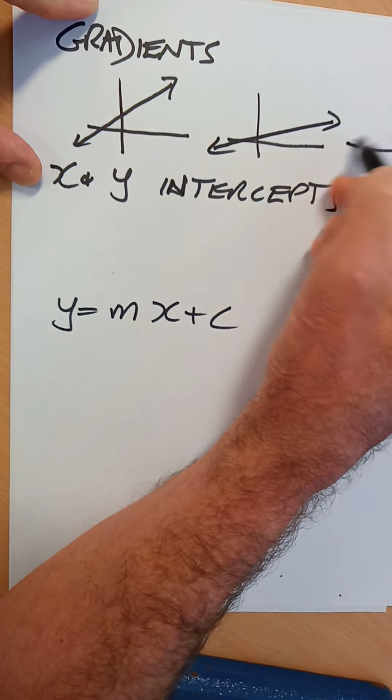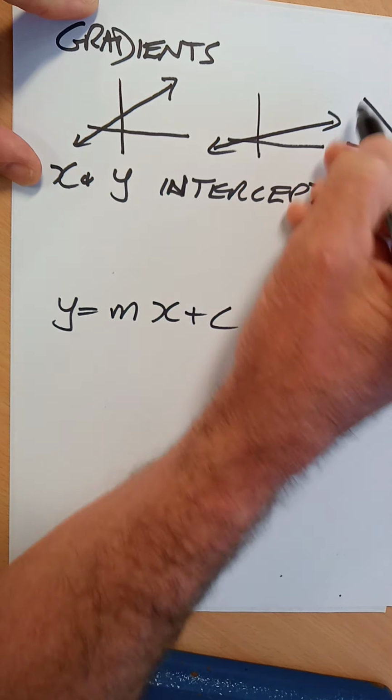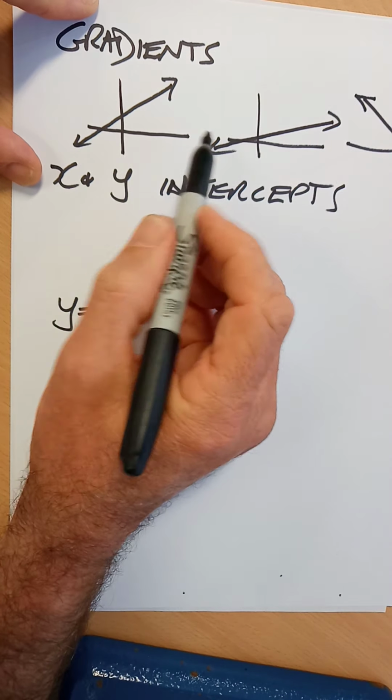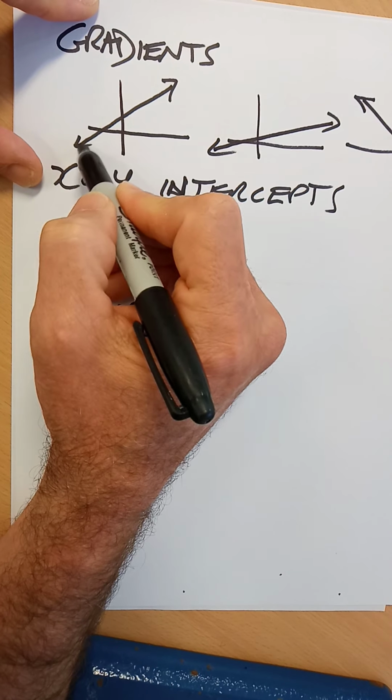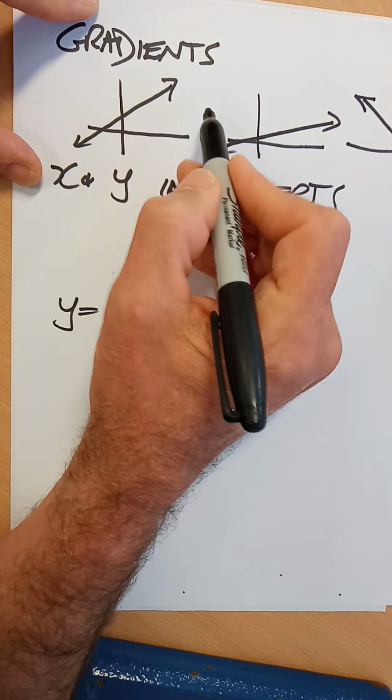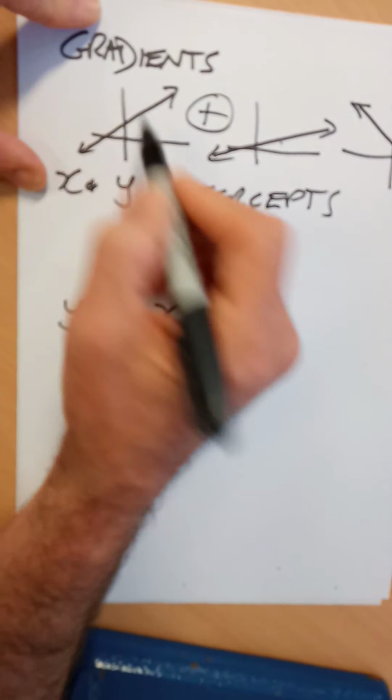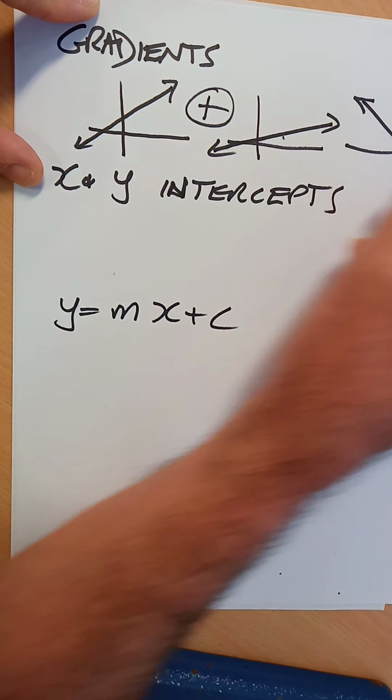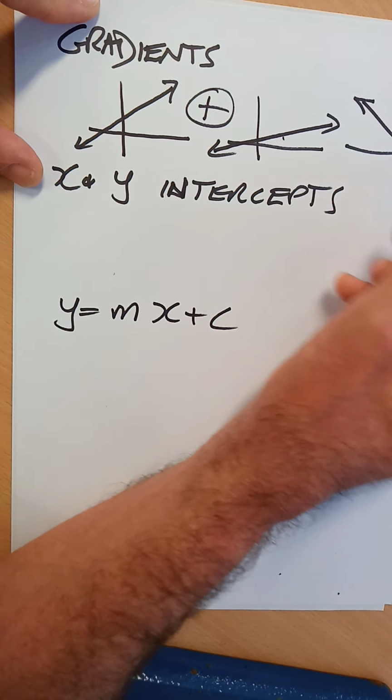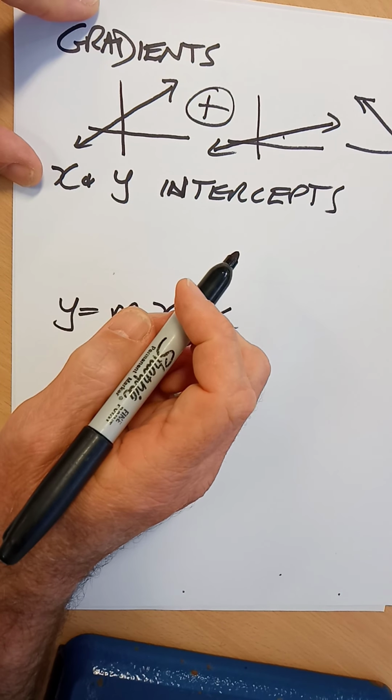And it also might go down. So the first thing we need to remember is that if a line rises from left to right, it's a positive gradient. If a line falls from left to right, it's a negative gradient.